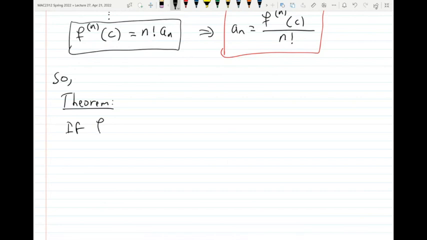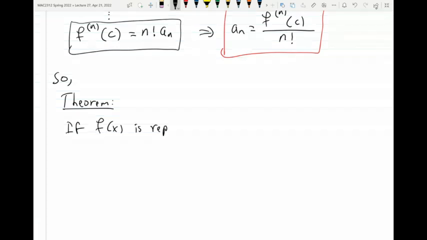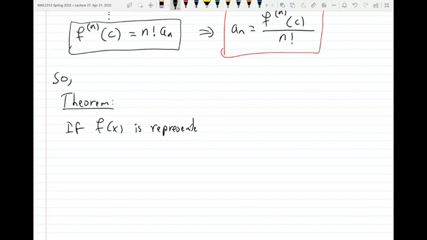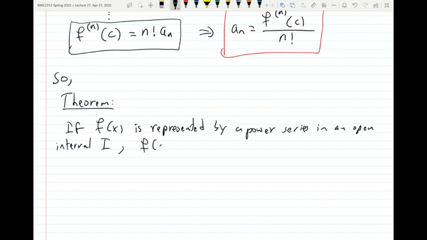So if f of x is represented by a power series in an open interval I, so in other words, what I mean by this is that we can write f of x as a power series.